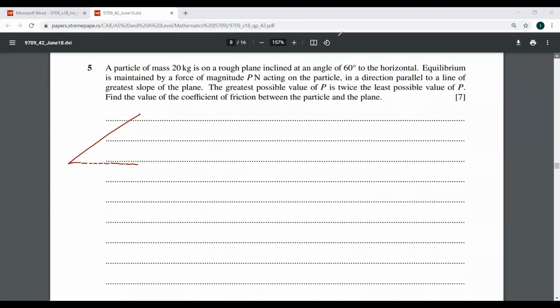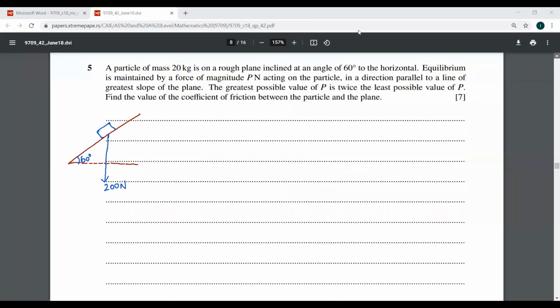So we have this angle here, 60 degrees. And here is that particle, which has a mass of 20 kg. So this means I have to show its weight down here, which is going to be 200 newtons.